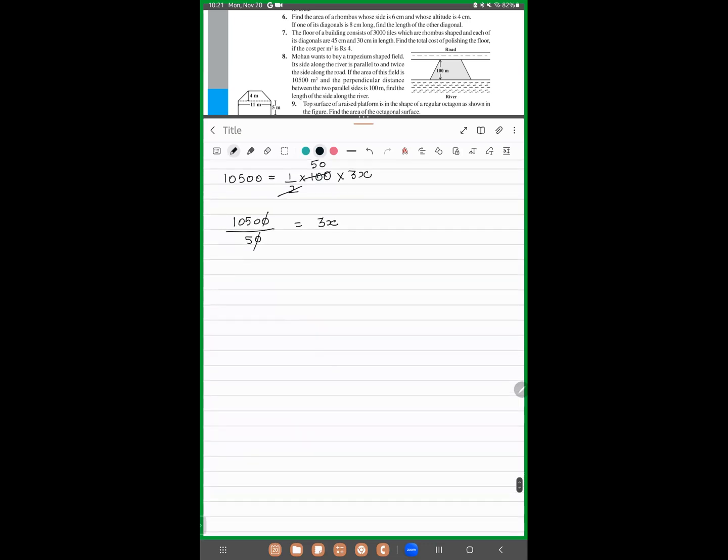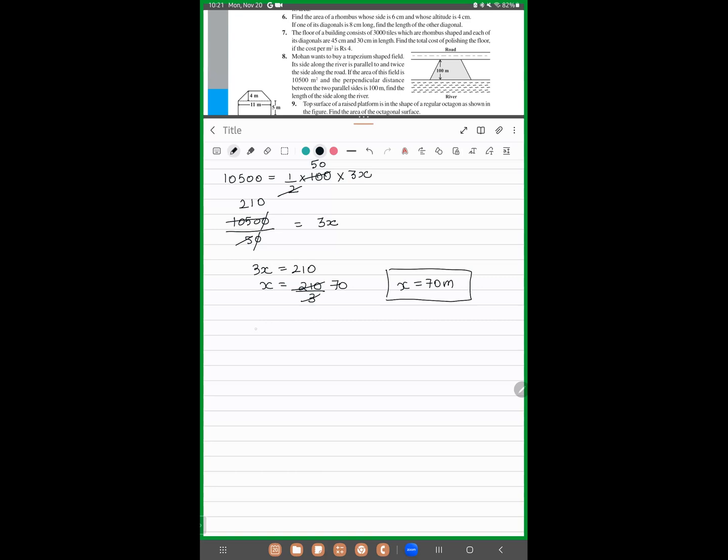So then calculate what is 3x. Your 3x comes out to be 210. So x will be 210 by 3, which is 70 meters.